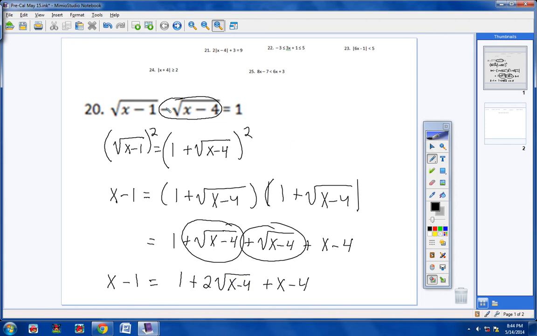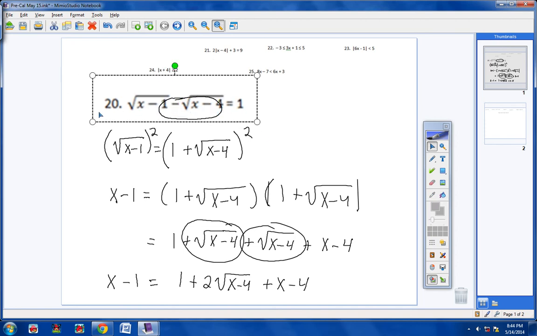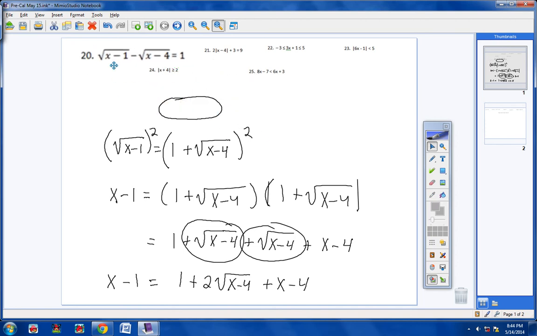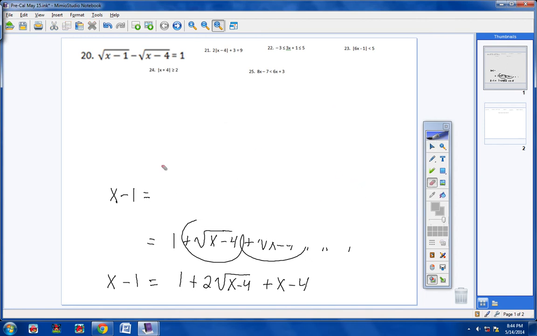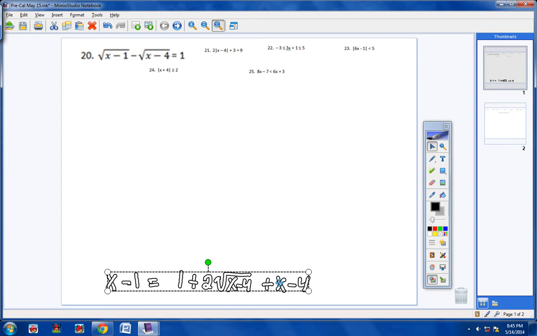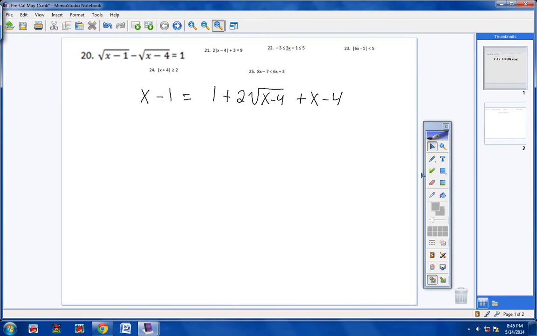So I'm going to grab this and not make the same mistake I made the last time. I'm going to drag this up here out of the way. We'll come back to it later. And now let's continue on, okay? Now we've got to get rid of this square root that is right here. So let's get us some space here, kind of like soccer. Let's create some space, and here we go.